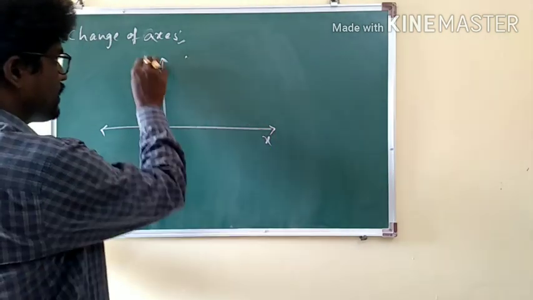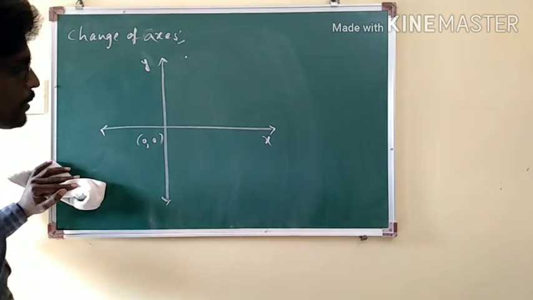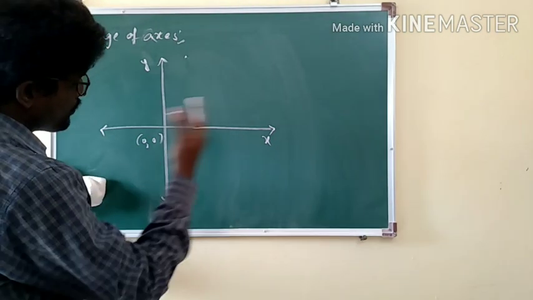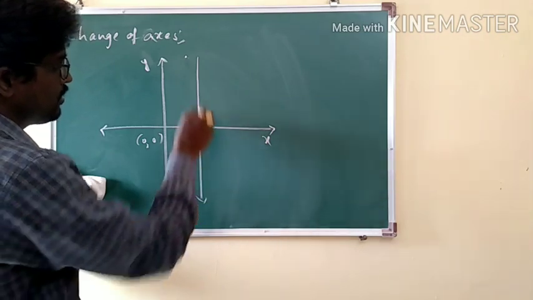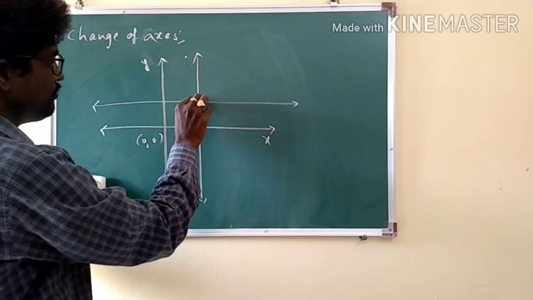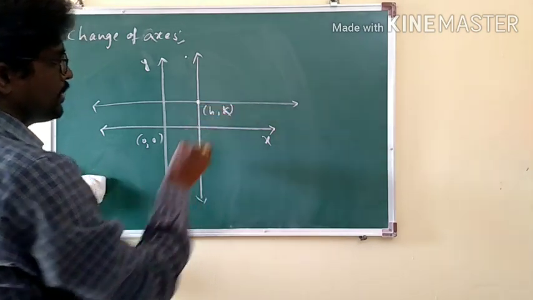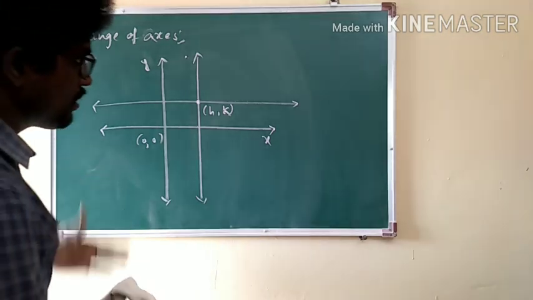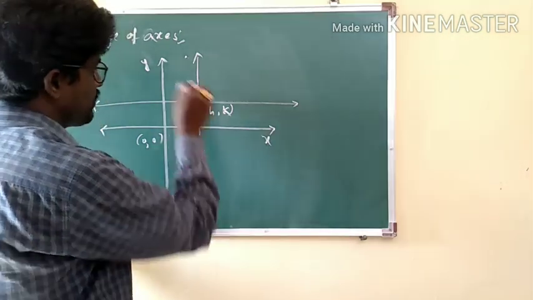Suppose you consider this case. This is the x-axis and y-axis, which we have originally been taking. Now what I am going to do is shift this origin from (0, 0) to some other point (h, k). So this is a new origin. Here I didn't change the direction of the x-axis and y-axis.